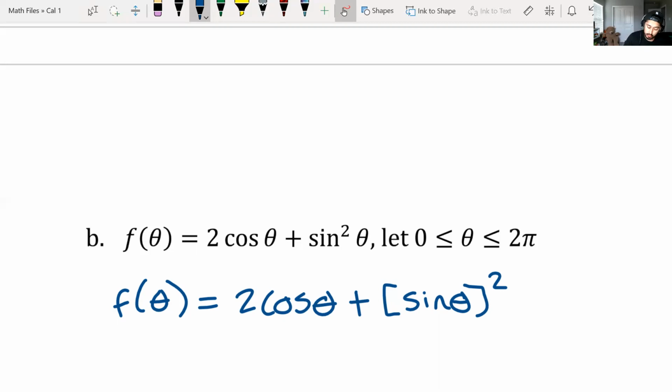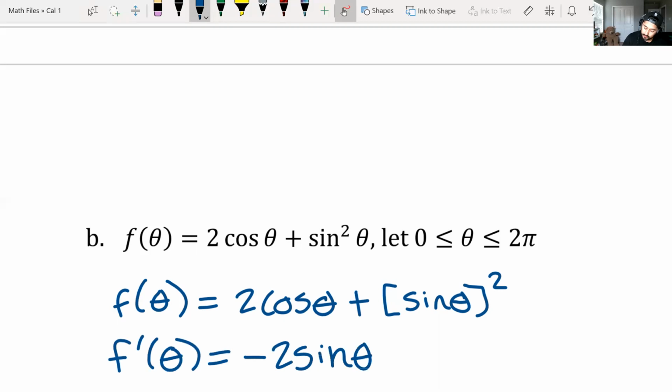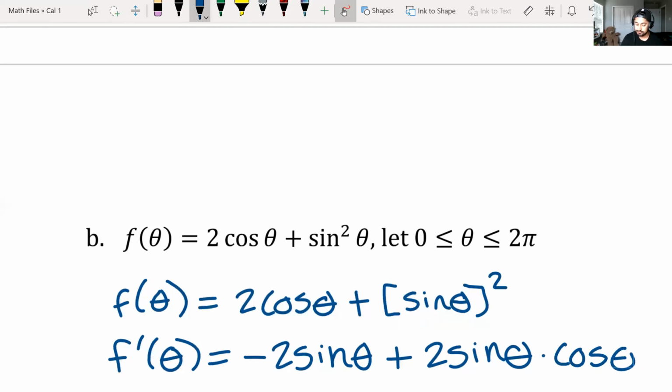Okay, now we're ready for the derivative. F prime of theta gives me -2 sine theta plus 2 sine theta times the derivative of the inside, cosine theta.